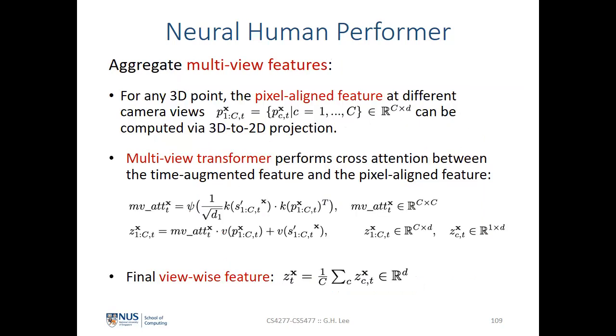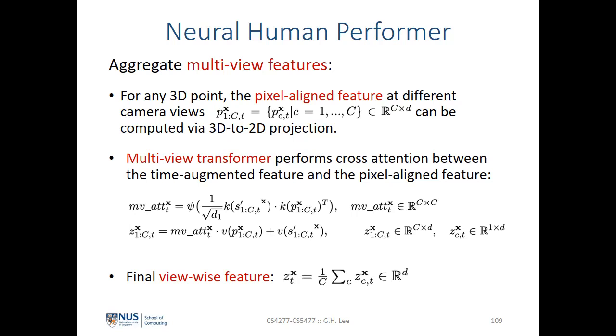So they input this, which is the output from the temporal transformer, and then you have multiple camera views. So these are from each reprojected pixel onto each image. You pick up the feature over here, and then you fuse it inside here. Basically, you are doing a cross attention over the temporal features as well as the multi-view features.